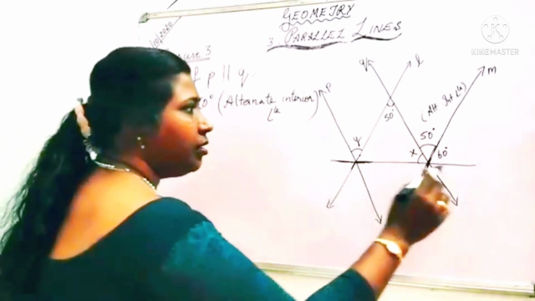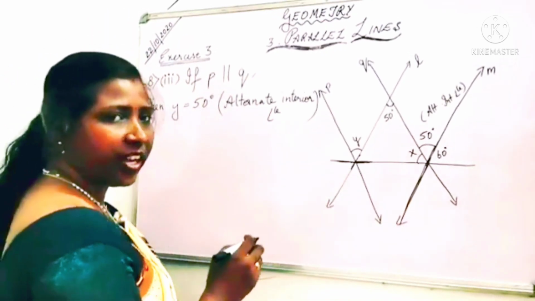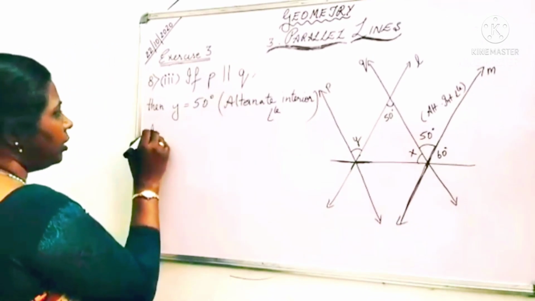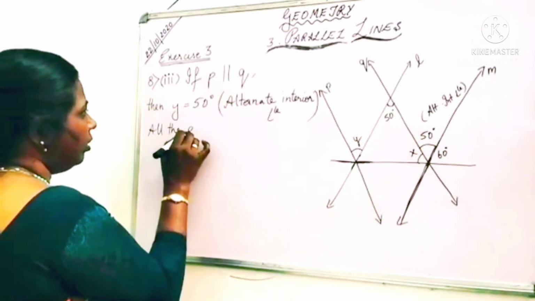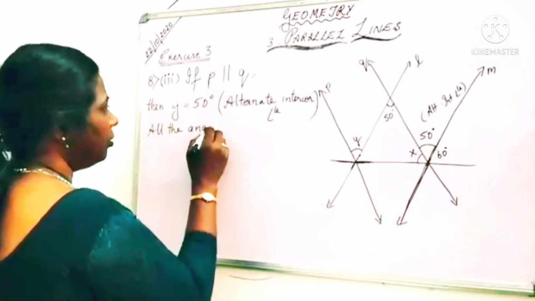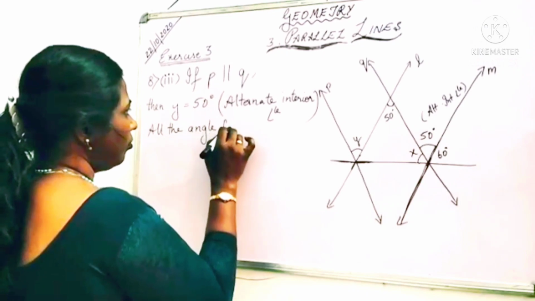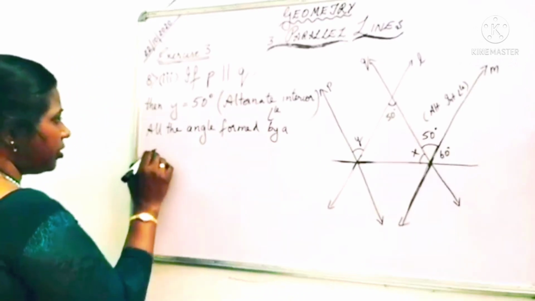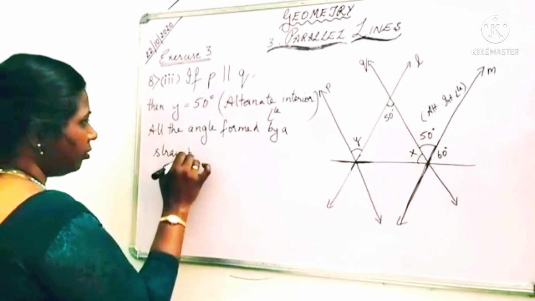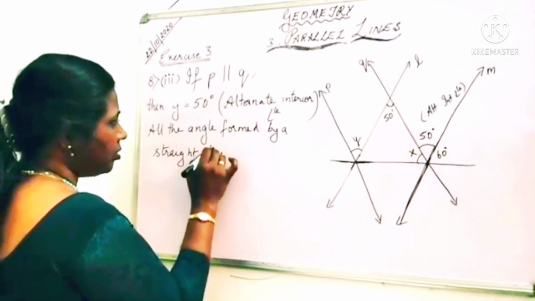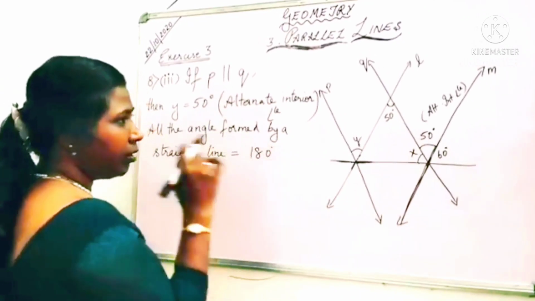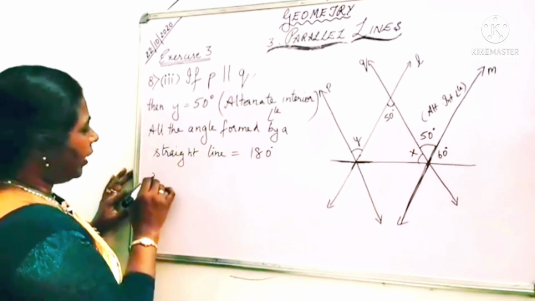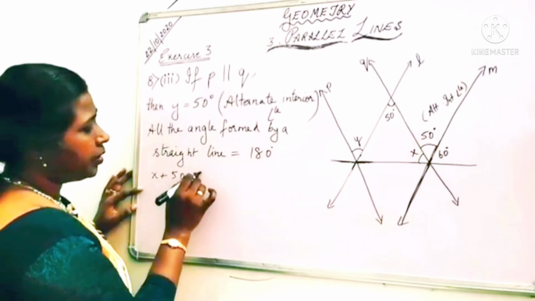So the angles formed by a straight line add up to 180 degree. What are the angles? It will be x plus 50 plus 60.